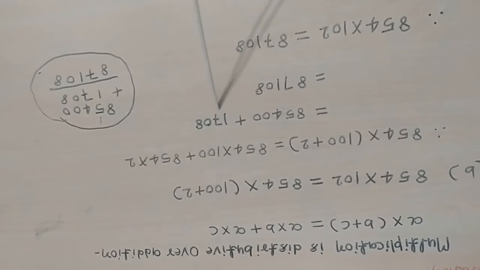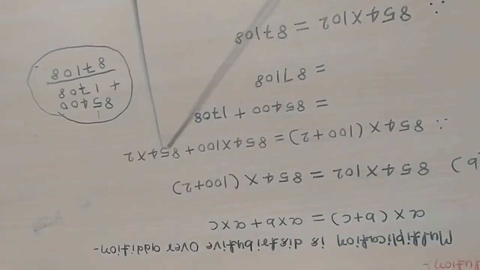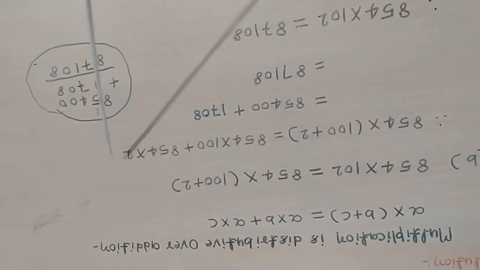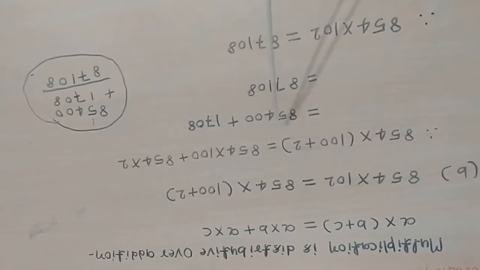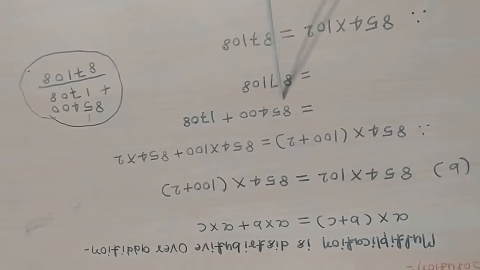This is the product of 854 and 2. After this we sum it.